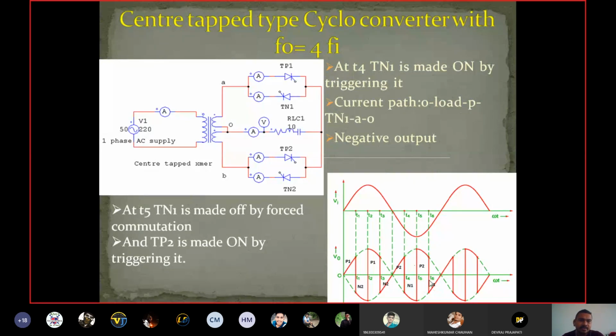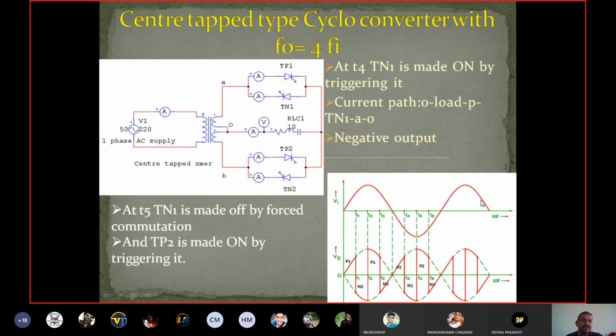Okay, so from time duration T6 to end of negative half cycle, TN1 thyristor remains on, and we are getting the negative output. Now this is the third half cycle. So at the end of this negative half cycle, TN1 becomes off by force commutation, and once again the positive half cycle comes.